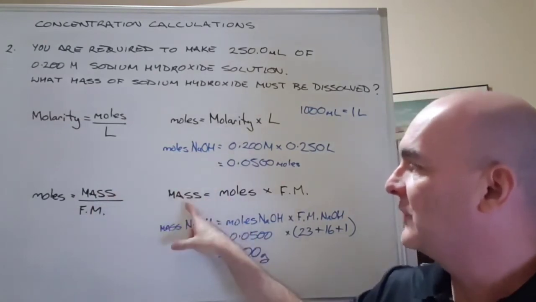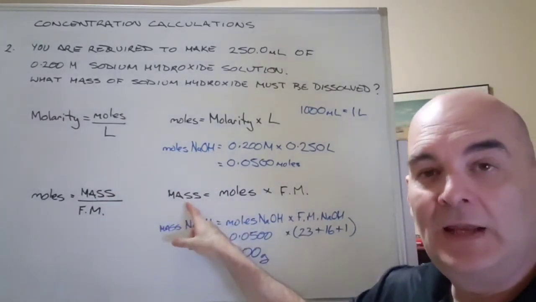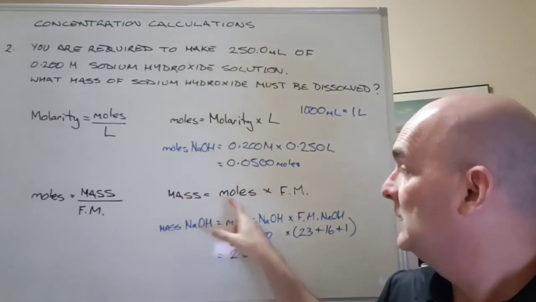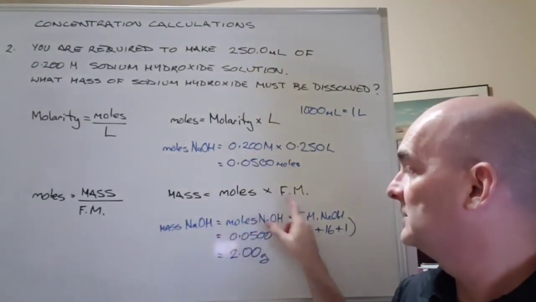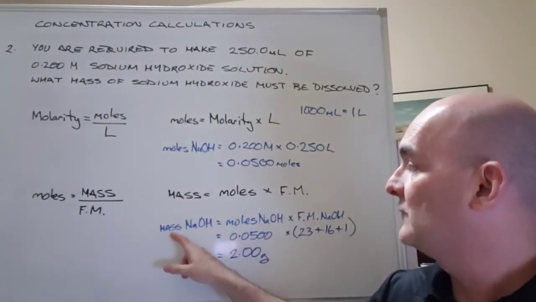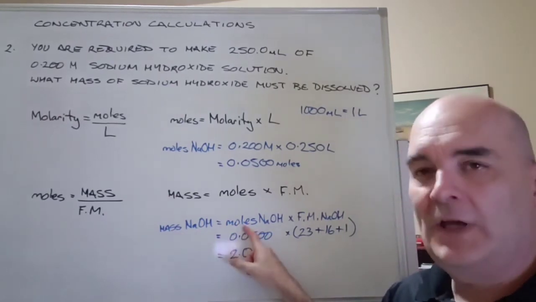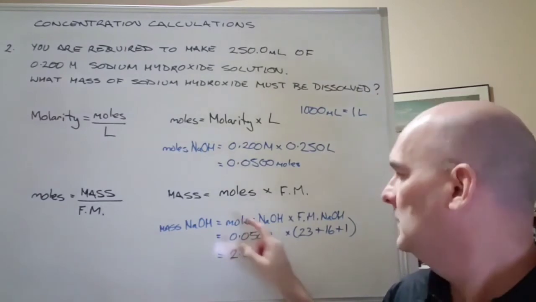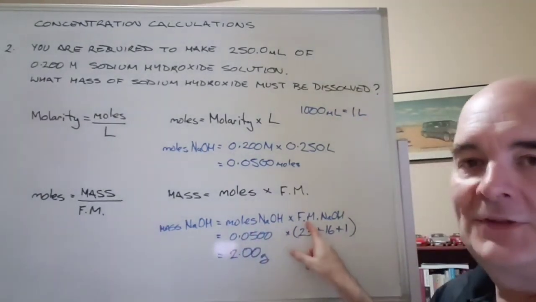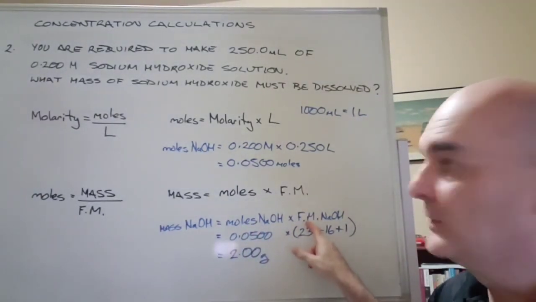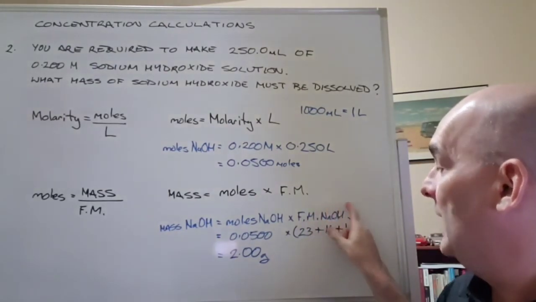I'm going to rearrange that in a way that isolates and gives me mass. Mass equals moles times formula mass. So the mass of sodium hydroxide required in this reaction is the moles of sodium hydroxide, which I just found, times the formula mass of sodium hydroxide. Well, sodium hydroxide is NaOH.